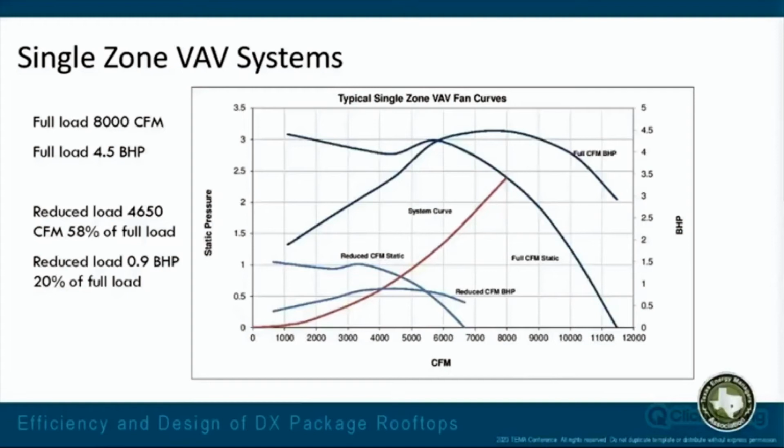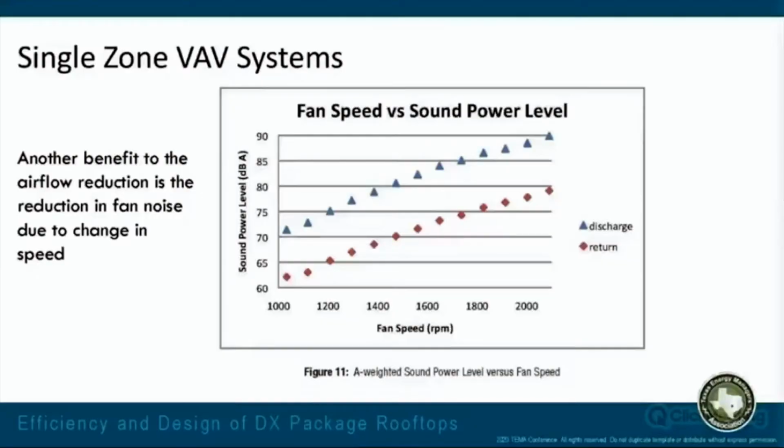So you get some really dramatic energy savings from the fan because of the way the fan laws work. The horsepower decreases with the cube of the differential of airflow. So if you drop your airflow in half, you've got 1/8 the brake horsepower required. So you get energy savings very quickly as you turn down fans.